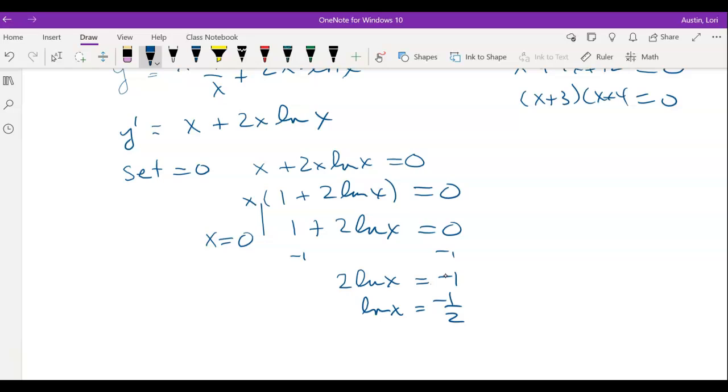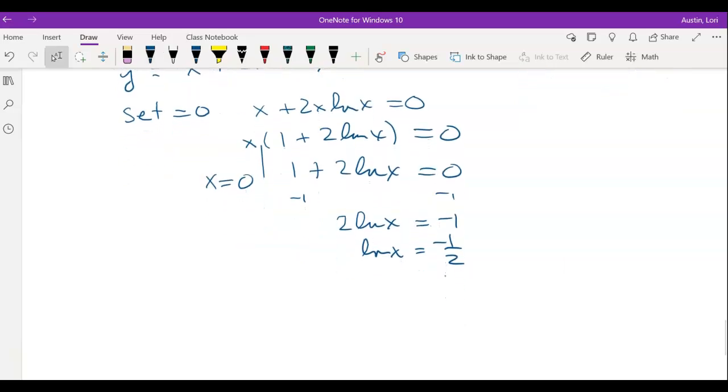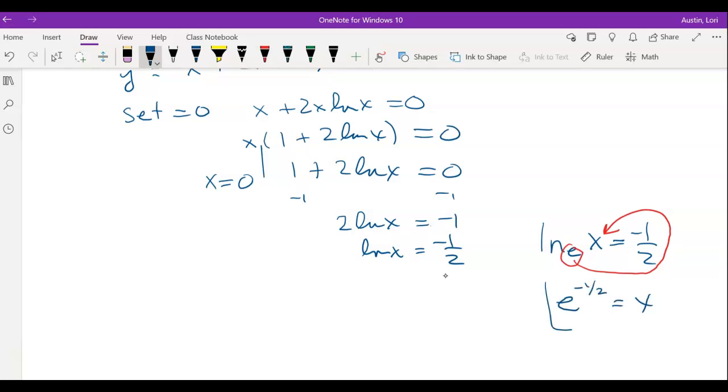One way is to rewrite it using E. Since ln has a base E, I'm going to write the base in there so you see it. How do you rewrite logs? Do you remember this? It means E to the -1/2 equals x. That's how you rewrite a log. So x equals E to the -1/2.